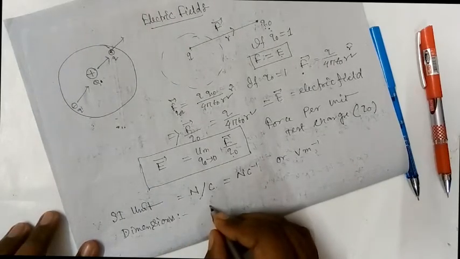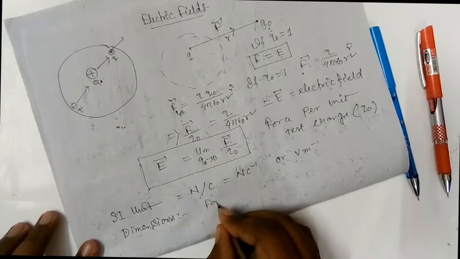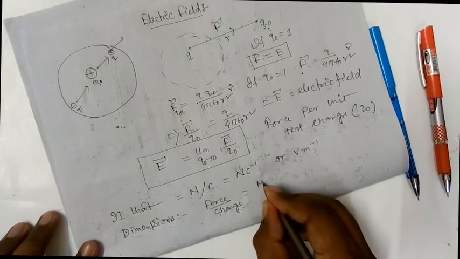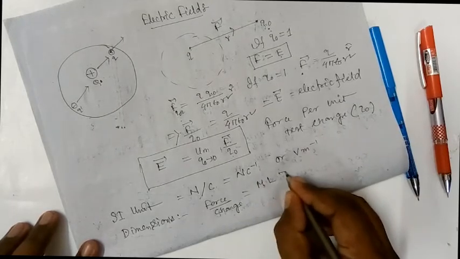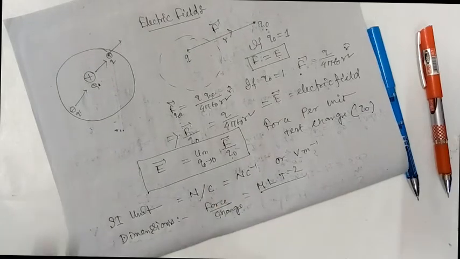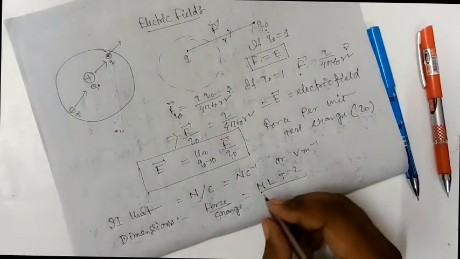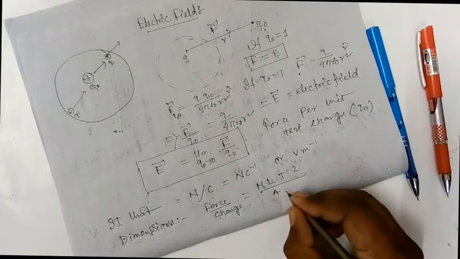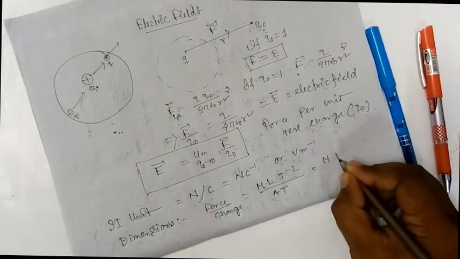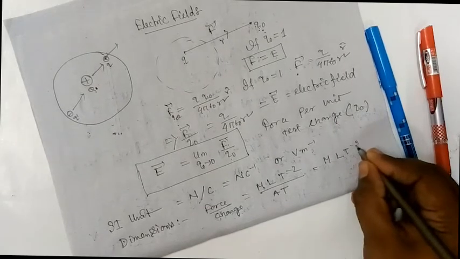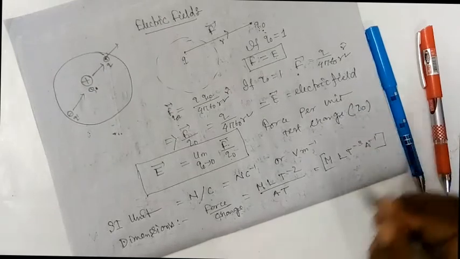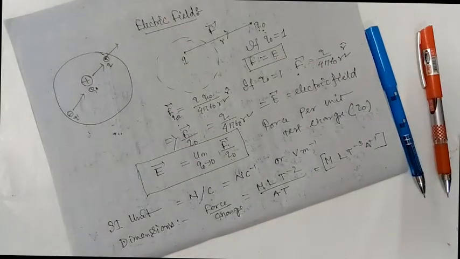It should be force by charge. Force is M L T to the power minus 2, and charge is current into time, current denoted by A, time by T. So it will be M L T to the power minus 3 A to the power minus 1. That is the dimension of electric field.